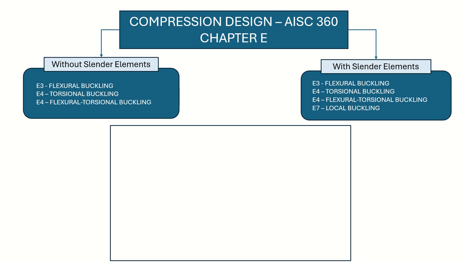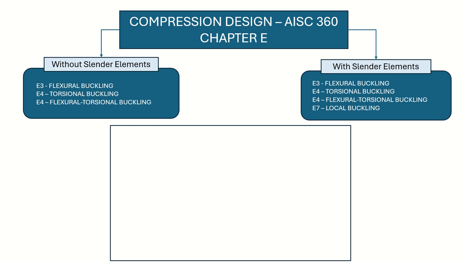And in the second case, we have the same plus the local buckling in chapter E7. So the main difference here is that for slender elements, we have to check if they will have local buckling. The other limit states apply for a global behavior of the column or the element.